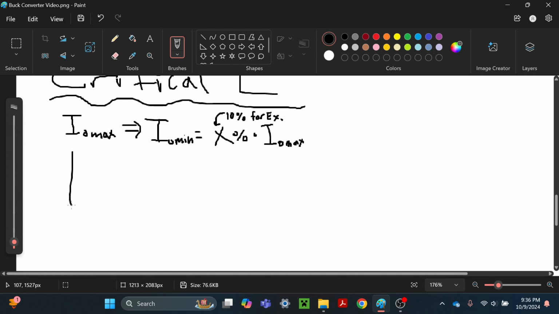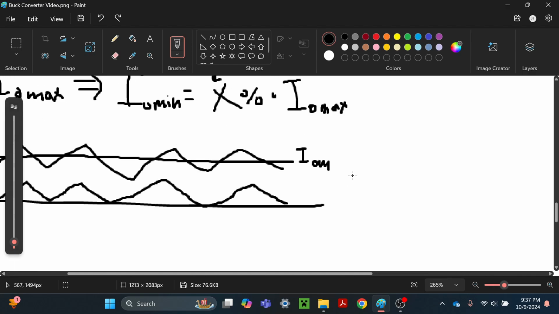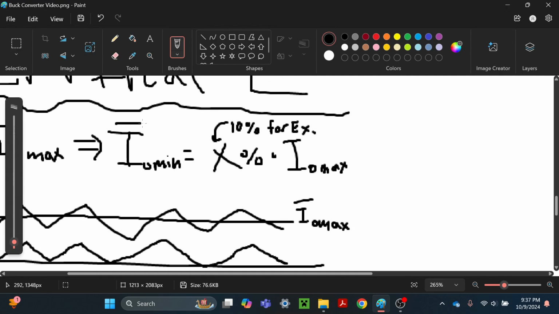So remember this plot, the output current is going to be going like this, right? So at barrier conduction, it's barely going to be touching the bottom, because this is going to be I out max. These are actually averages, so you need a bar above them.